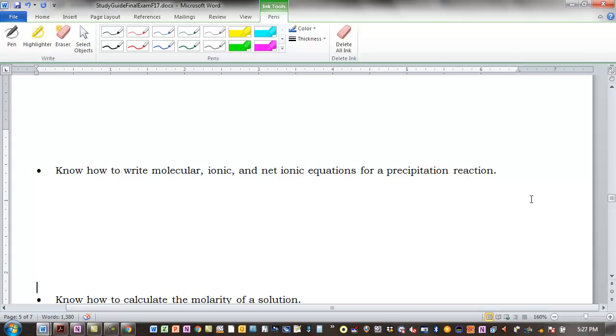So most likely what you're going to see is something like, what is the net ionic reaction, or something like that, okay? So let's look at one like that. So say you have, let me look at my solubility rules. All right.